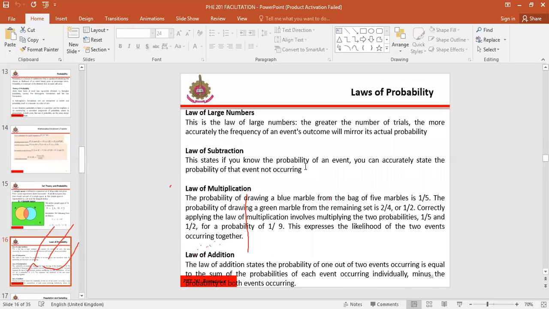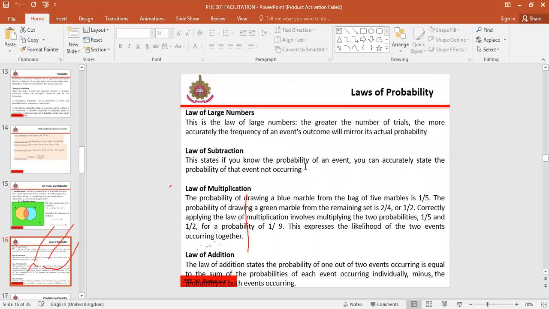You know that we have head or tail, so that is 2, that is, head is 1, the other is 1, and 1 plus 1 is 2. Now the probability of having head is 1/2, which is half. Then the probability that head will not occur will be 1 minus 1/2.